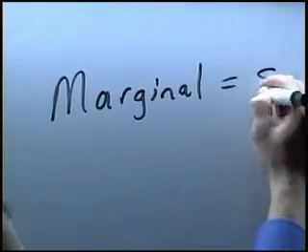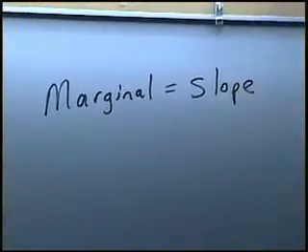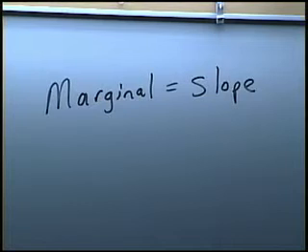For right now, the biggest thing that I want you to know is that marginal is equal to slope. It's not technically exactly equal to it, but for now that will work. When we get into the applications later in the semester, we'll spend more time with marginal. But for right now, just think about marginal as the slope. Okay?